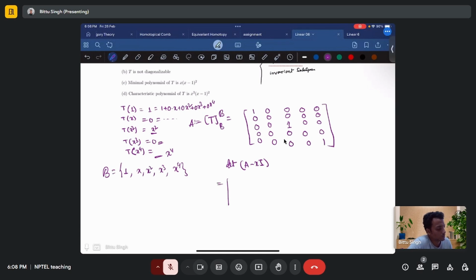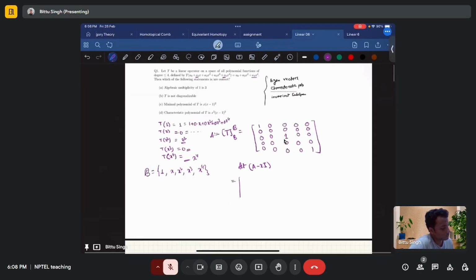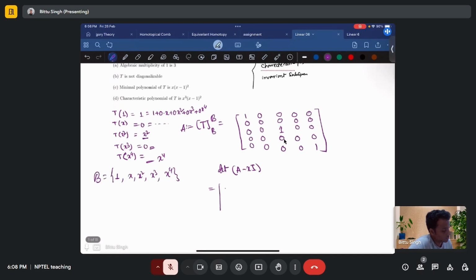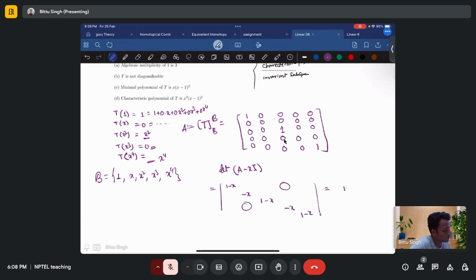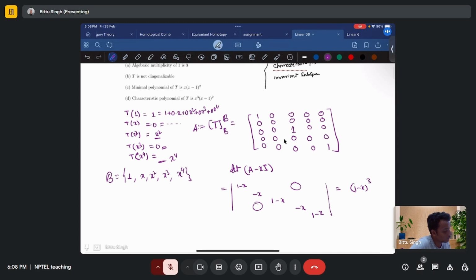This is the same as 1 minus x here, this is minus x, then 1 minus x, this is minus x, subtracting x from the diagonal, and the rest are 0. So clearly 1 minus x occurs 3 times, so 1 minus x whole cube, and minus x occurs 2 times, so this is x squared.